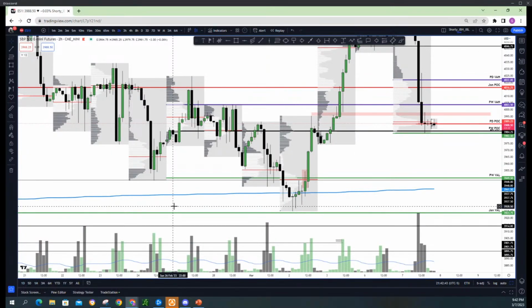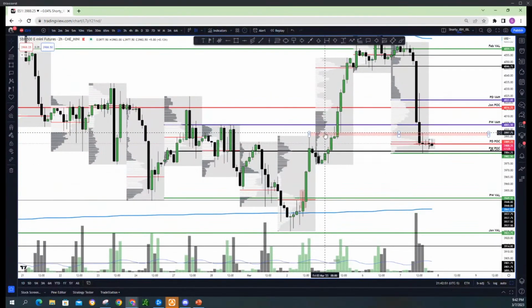What do you mean by single prints? Single prints, if you look here, there's not a lot of thickness on the body of the volume profile. So if you're to look at the TPO, right? If you were on live today, towards the end of the day, I brought up the TPO count, and you see those ones. Remember how there was 111 and there was no number next to it?